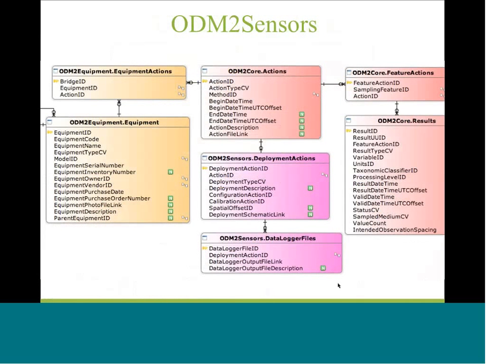Similarly, when we look at the sensor workflow, and this is another area that hasn't really been fully explored, we realized that a lot of the needs are already covered by equipment, and by the flexibility of having an action with a method. Let's say we have a deployment action, we basically can preload and say, well, we're deploying the sensor in order to collect data on these variables.